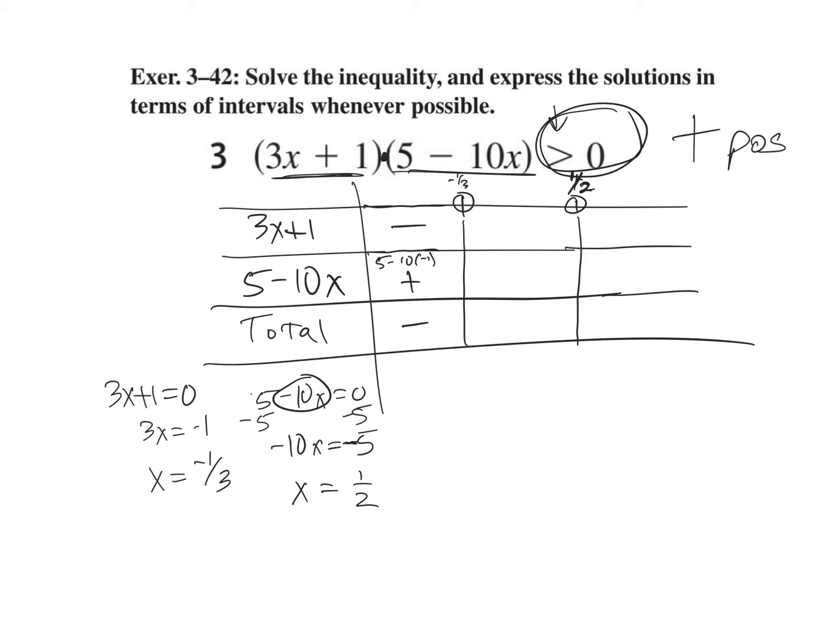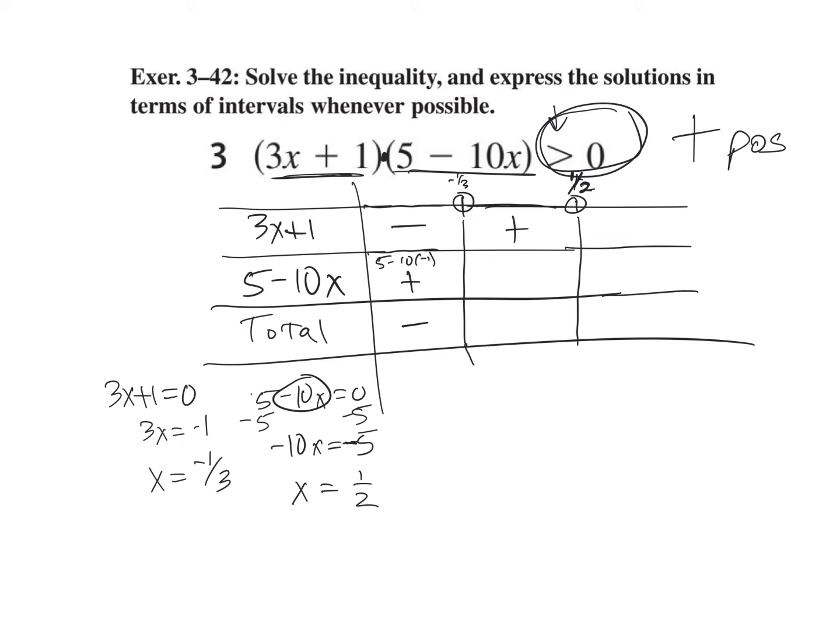So anything from negative infinity to negative 1/3, that's not going to work. Let's go to the next set of numbers in between negative 1/3 and 1/2. Well, 0 is in between there. If we plug 0 in for x in the first one, 3 times 0 is 0, plus 1 is 1. So that's positive.